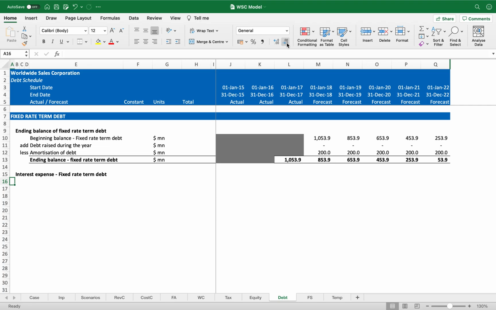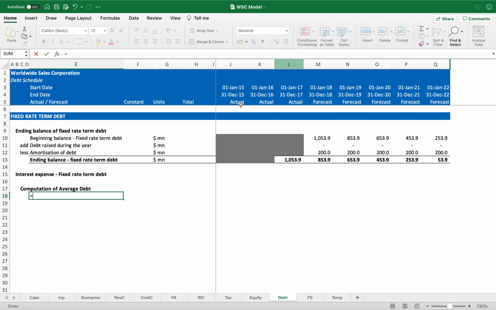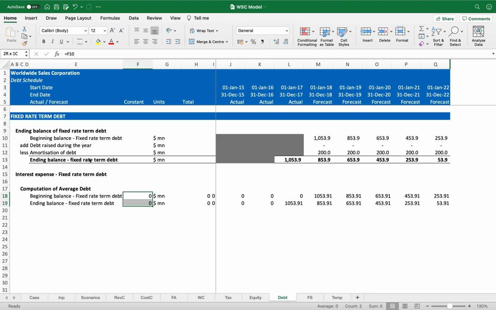So I have a next subheading, computation of average debt. This is very simple. Your beginning balance and your ending balance. Just copy it across.